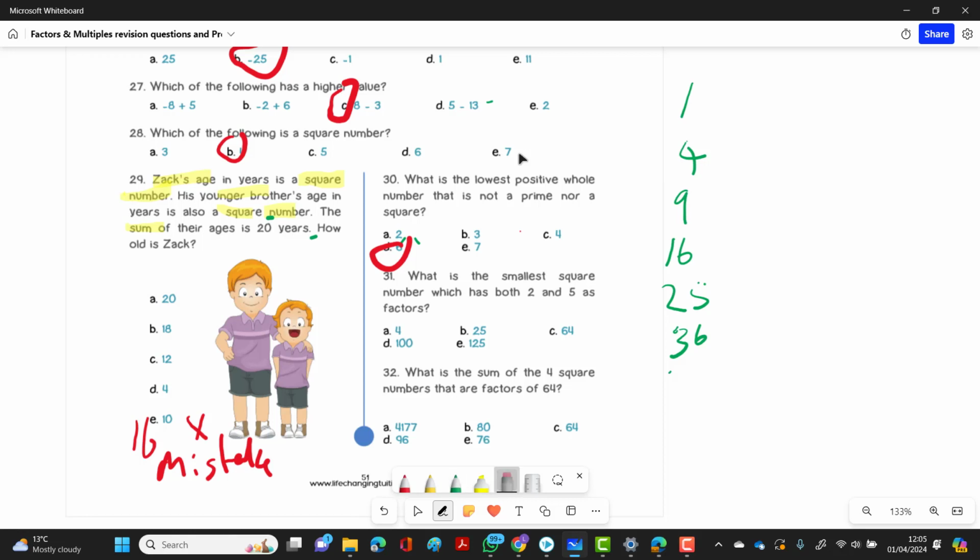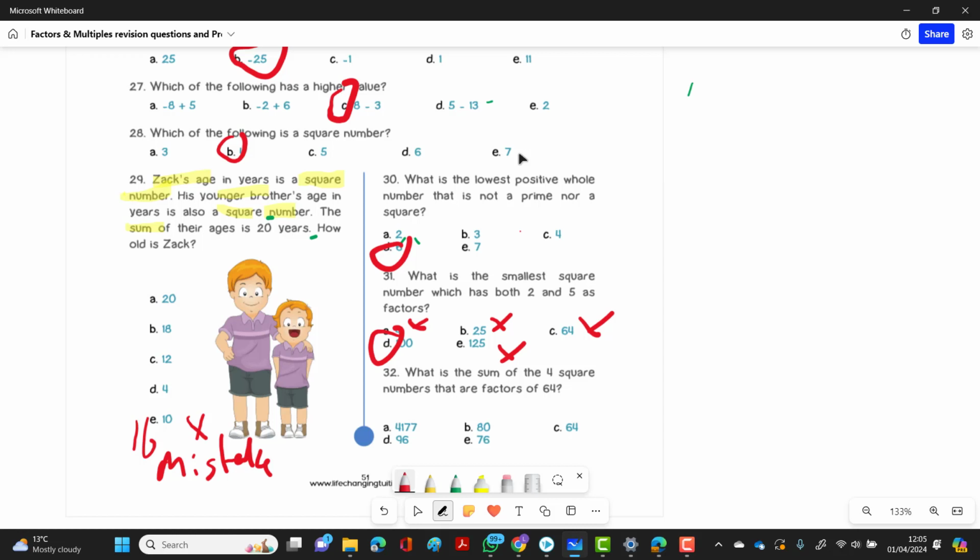Oh, it's easier actually to go through the list. Don't go through this, go through these. So it's not that. It's not that. 31 is D.